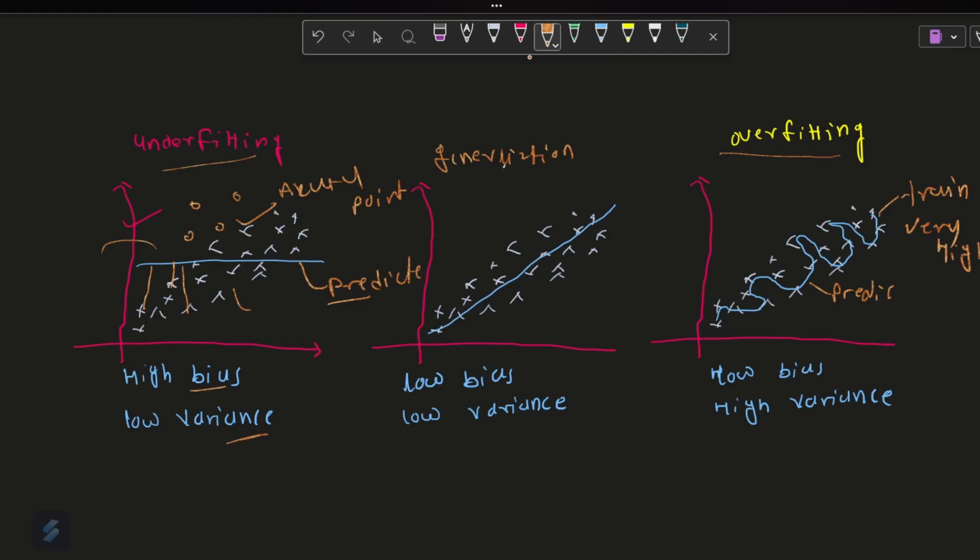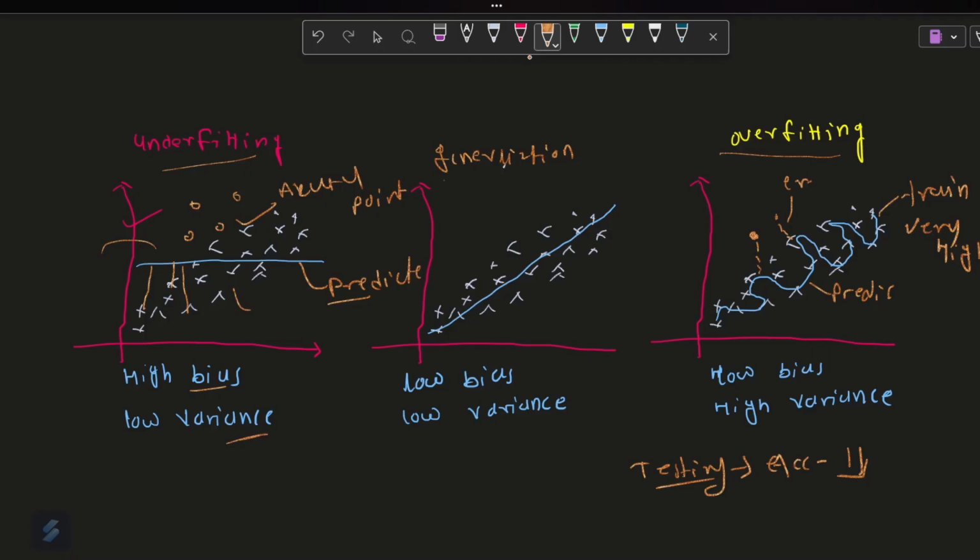But what happens in overfitting when unseen data or test data comes in? It creates an error. In the testing phase, the accuracy decreases. In overfitting, the actual points and predicted points overlap each other, including the noisy data.